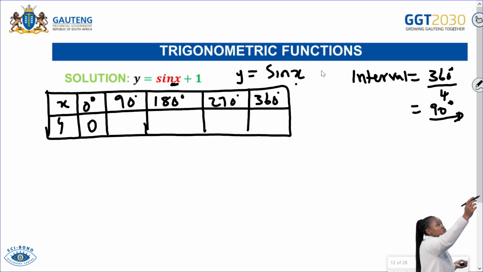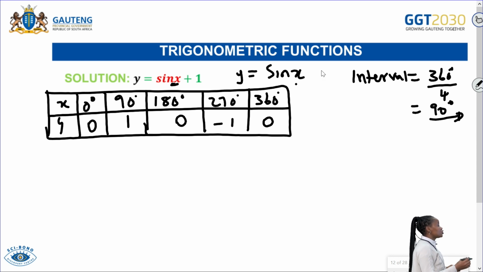And if I substitute 90 degrees, I'll get positive 1. And then if I substitute 180 degrees, I'll get 0, then negative 1, and then 0. Ne? So this is the original graph.